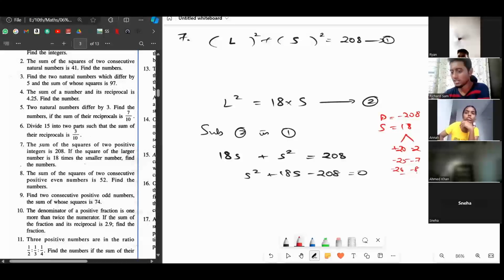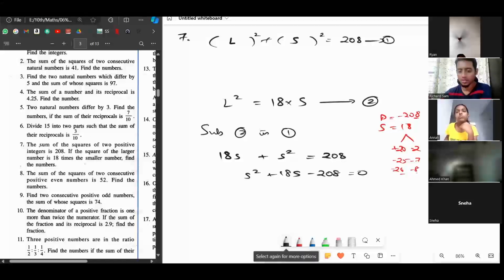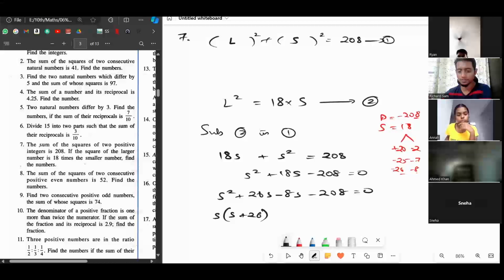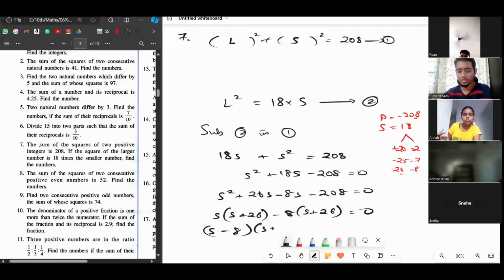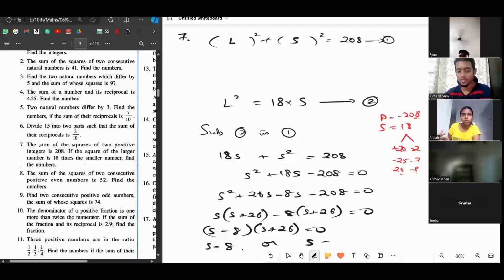Look at the last digits. So probably it is that one. So s square plus 26s minus 8s minus 208 is equal to 0. So s into s plus 26 minus 8 into s plus 26. So s minus 8 into s plus 26 is equal to 0. So we have s as 8, or s is equal to minus 26.